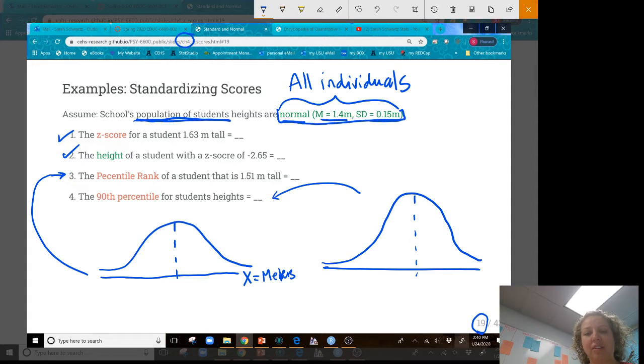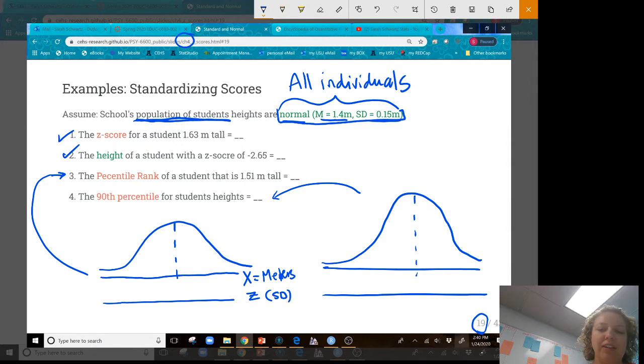That's our original axis. And we're going to convert that to a standardized score. And this is going to be the z-score, which the units are standard deviations, instead of having them in meters. Now we know when we do a standard normal curve, a z-score, the center is always 0. So I always like to start with what I know. I know that's 0.